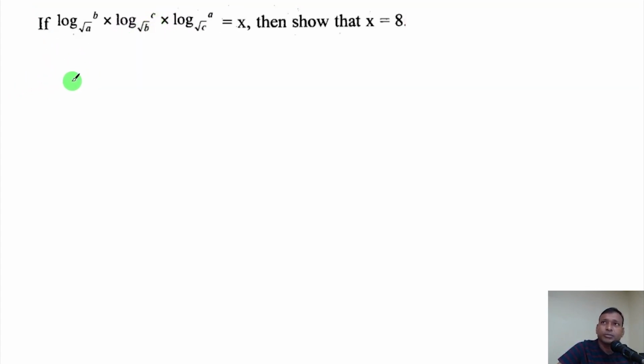So in this problem we have to show x equal to 8 if log b to the base root a, log c to the base root b, a to the base root c equal to x. So let's start.